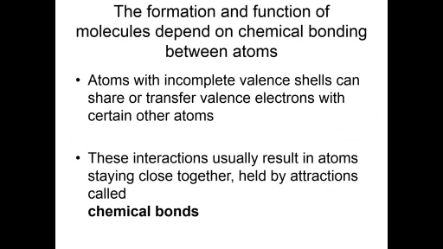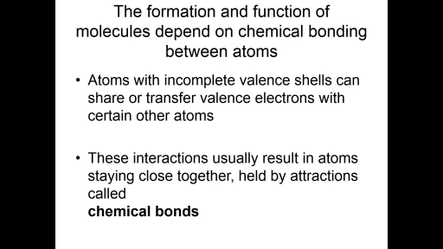Alright, so now we're going to talk about the formation of chemical bonds between atoms. I talked about before where atoms, you look at their valence shell. Well, if they have a vacancy in their valence shell, so the first shell you have to have 2 electrons to fill it, the second shell 8, third shell 8, and so on.